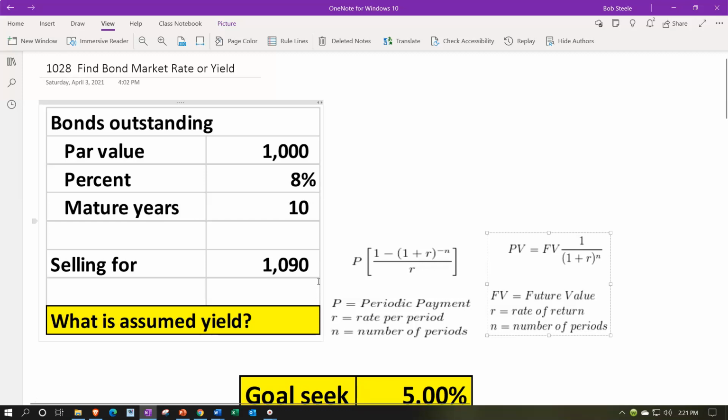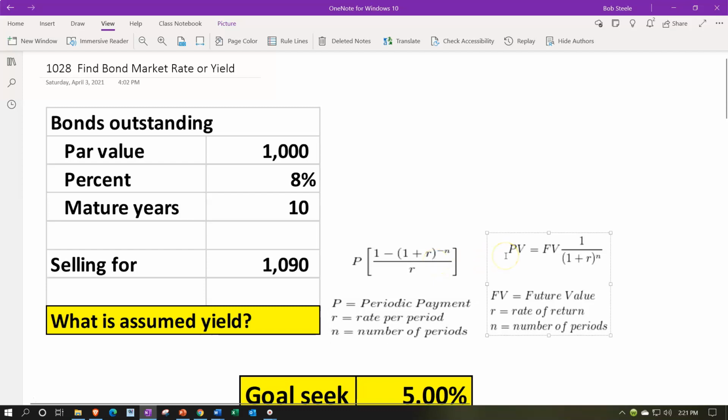Let's think about what we've done in the past first, and then think about how we want to approach this particular problem. In the past, we had to present value two things to come up with this price if we had the market rate. We'd have to present value the annuity, which in this case would be the 1,000 times the 8%, the payment that we assume to be happening every period for 10 periods, present valuing that using the present value of an annuity calculation, including the market rate in that calculation.